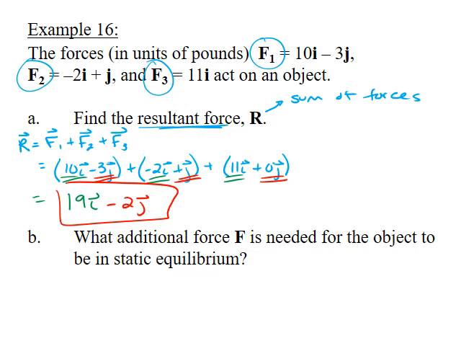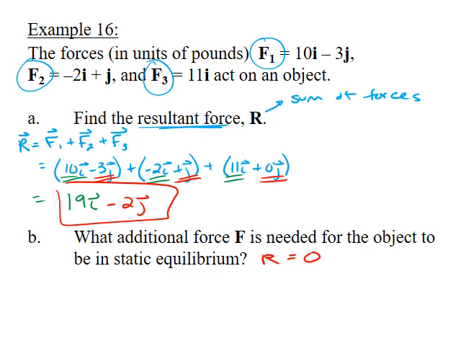Now in part B, it says, what additional force is needed for the object to be in static equilibrium? Well, static equilibrium is when the resultant force, or when R, is equal to 0. So the forces basically need to counteract one another.